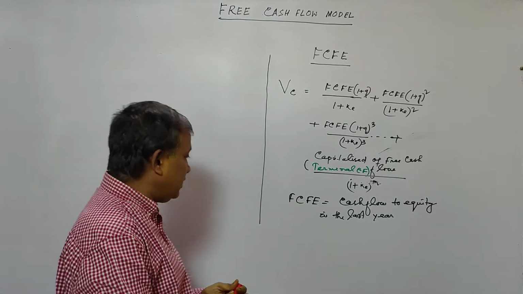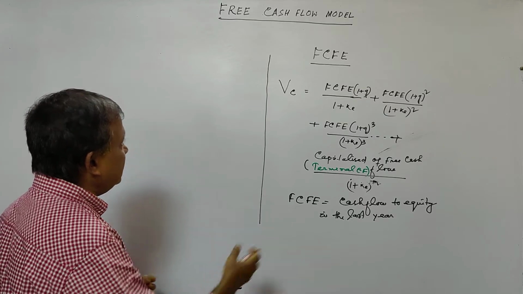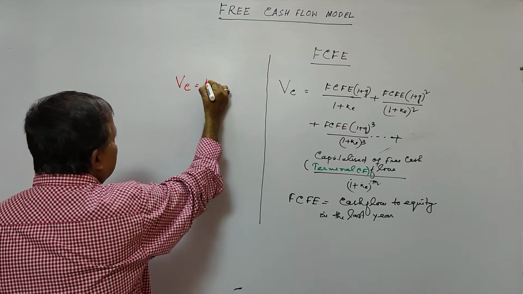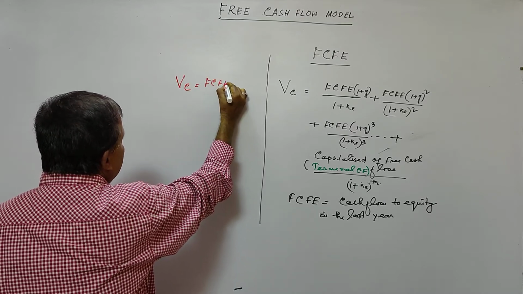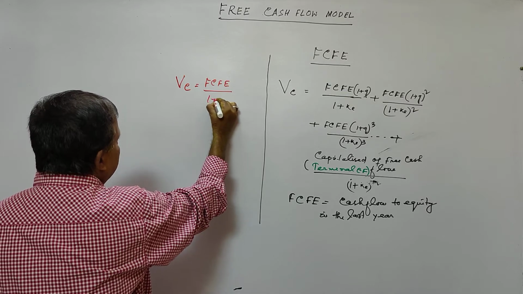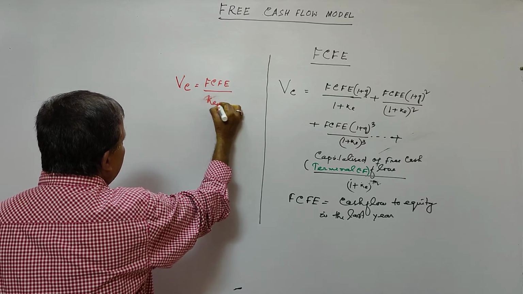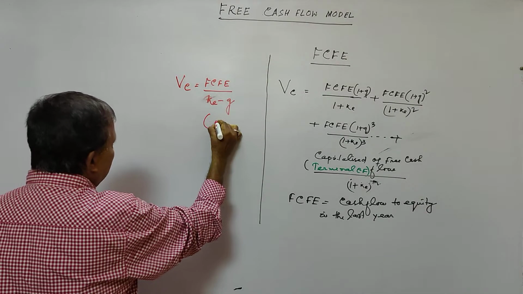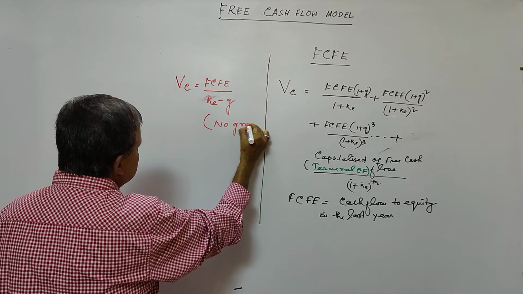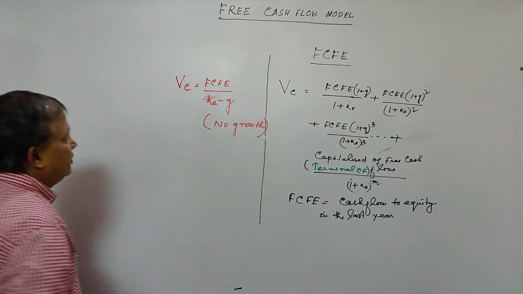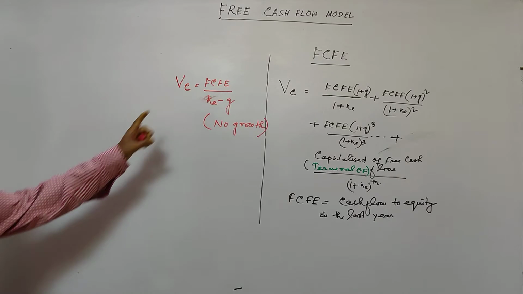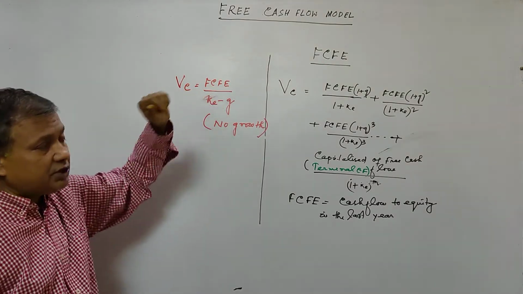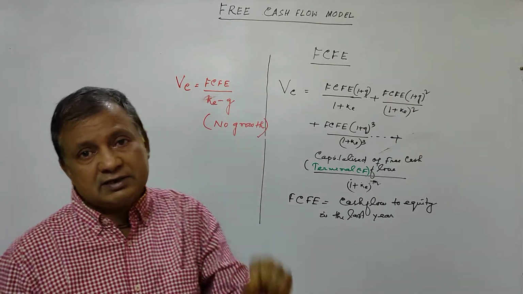And the formula we generally apply is V equal to FCFE divided by KE minus G. FCFE, this is a no growth model, and the free cash flow to equity shareholder remains constant.